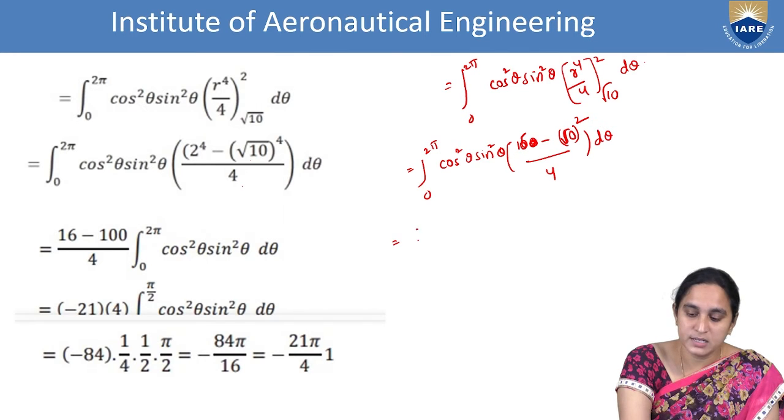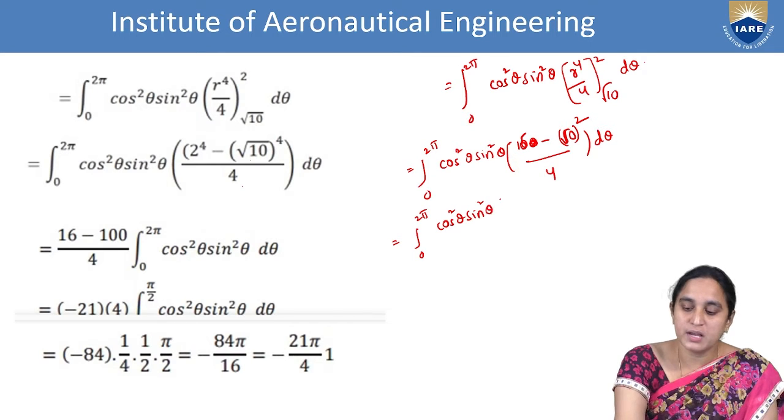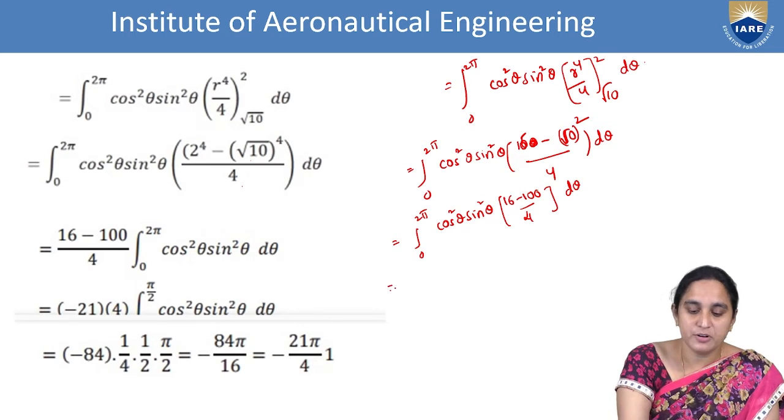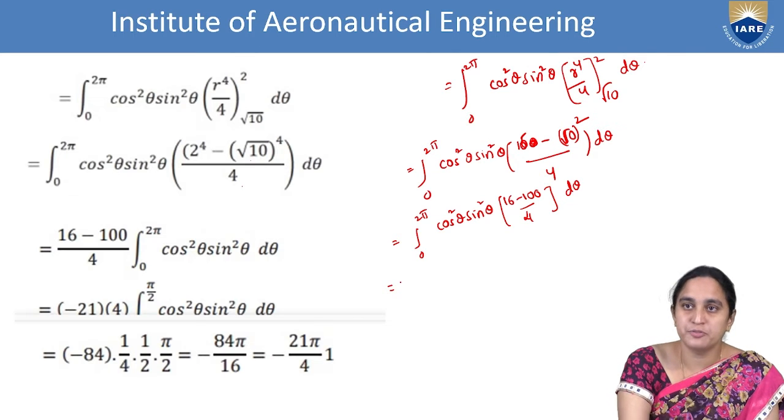From that, the integral 0 to 2 pi cos square theta sin square theta, 16 minus 100 by 4, into d theta. 16 minus 100 means minus 84 by 4.